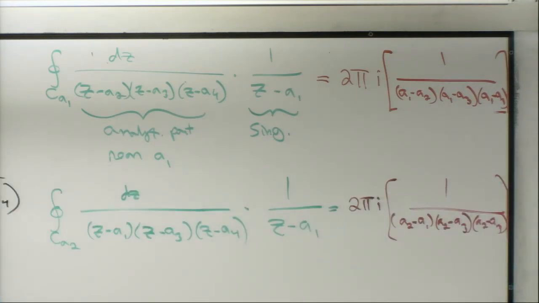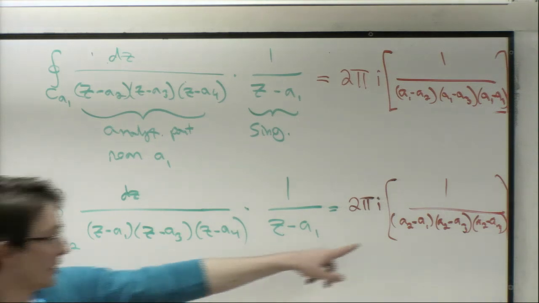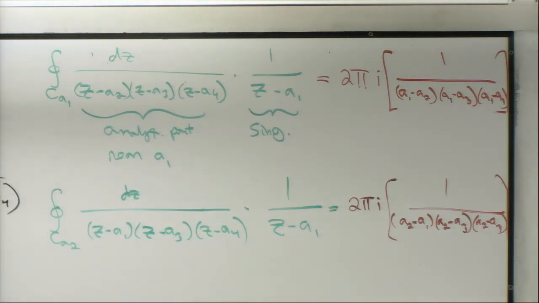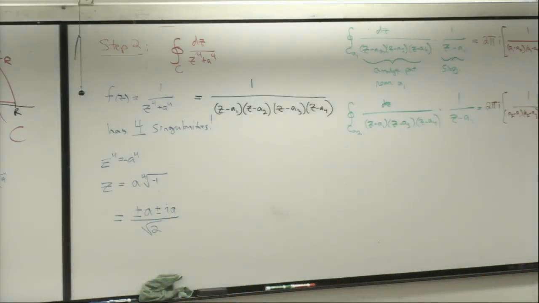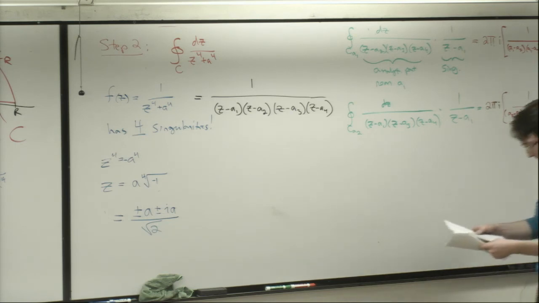Okay. We can plug in these numbers, A1, A2, A3, and A4. We actually know them. So I can plug these all in. It sounds horrible. I'm not going to do it. I'll just tell you what it is. I did it this morning.